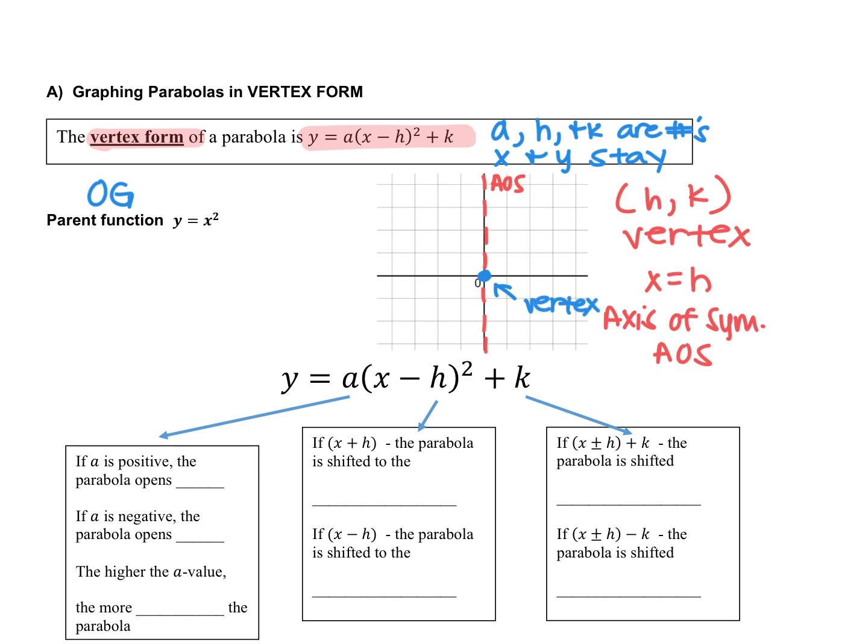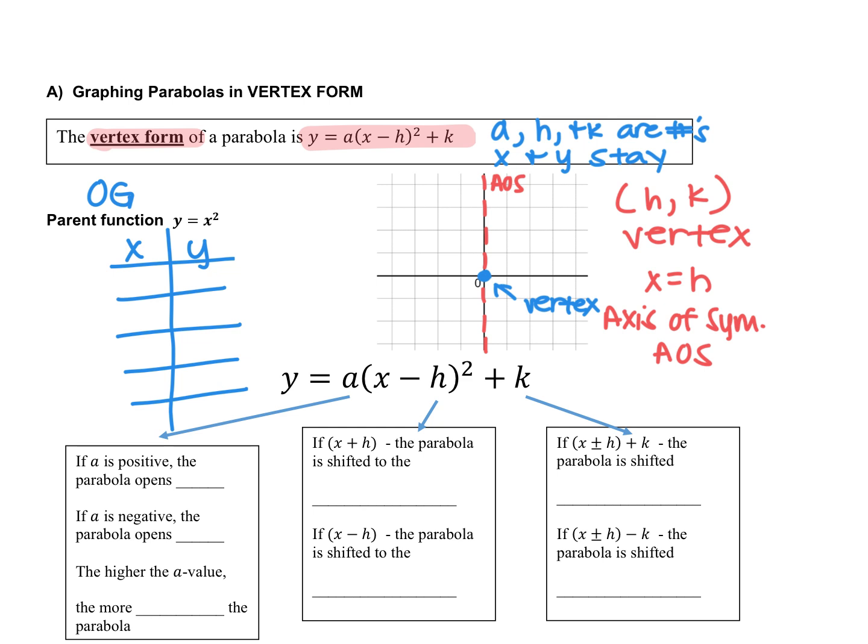Now we need more points than this though, right? That's not going to be very helpful. So in order to find the rest of our points for our parent function, y equals x squared, we are going to make a table. And we're going to have 5 points: 1, 2, 3, 4, like that.